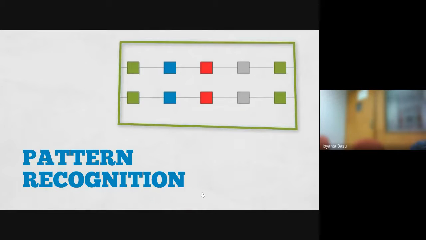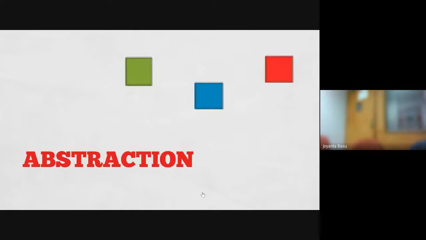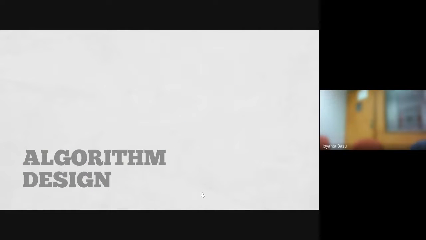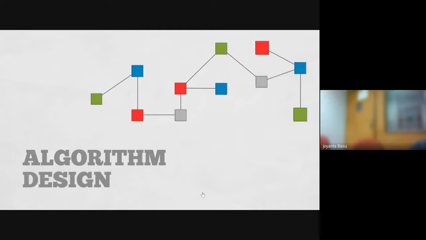And then there's pattern recognition, which is finding similarities and differences between these parts in order to make predictions. Pattern generalization, or abstraction, which is finding the general principles that generate these patterns. And finally, there's algorithm design, which is developing the step-by-step instructions that solve similar problems. People are learning to apply computational thinking to solve problems in many disciplines.